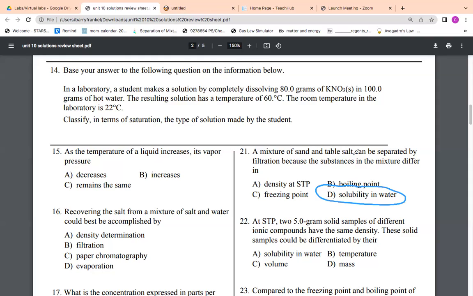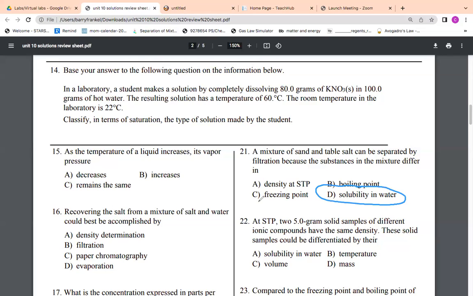This is that example that we did in the lab, right? First, you use your filter to filter out all the sand, then you have the salt dissolved in the water, so that all goes through into the beaker. And then you just boil off the water and you're left with the salt and the sand separated. By the way, filtration can only be used for heterogeneous mixtures, not homogeneous mixtures.